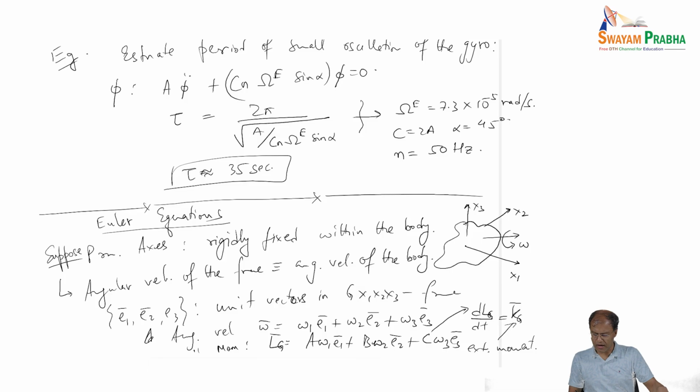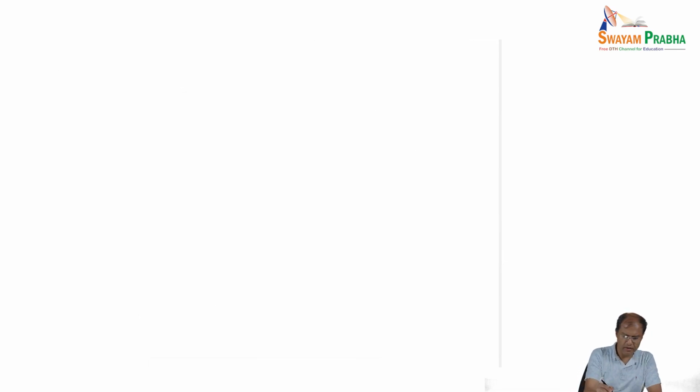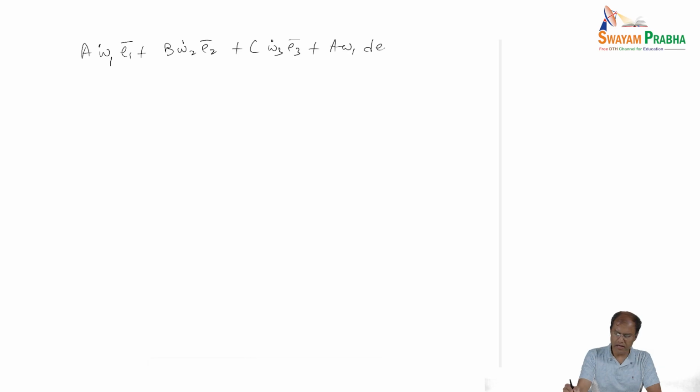If we start plugging in the values of the angular velocity in the torque equation, we get this long equation: A omega 1 dot E1 plus B omega 2 dot E2 plus C omega 3 dot E3 plus A omega 1 dE1 dt plus B omega 2 dE2 dt plus C omega 3 dE3 dt.